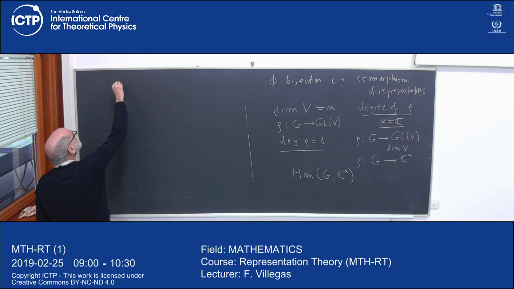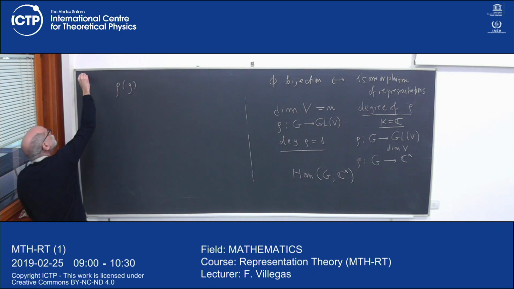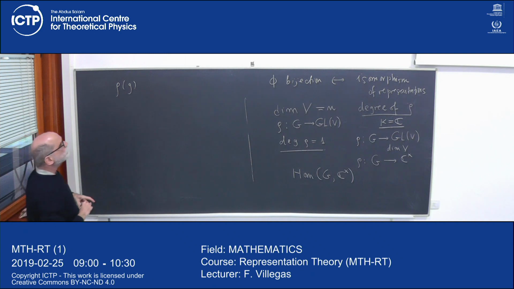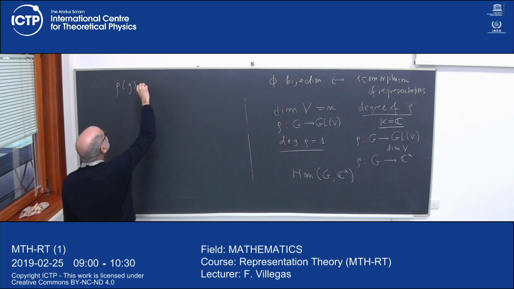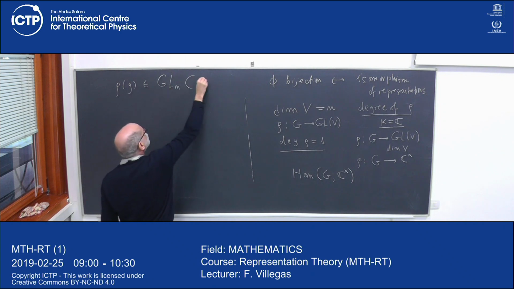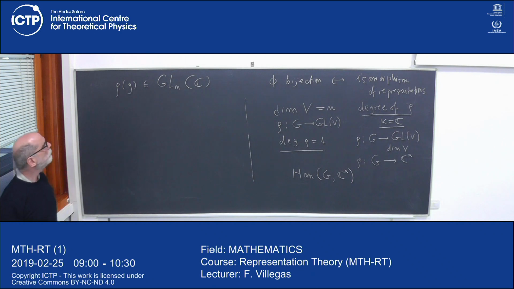So let's make the following point. From now on, as I said, G is finite, V is of finite dimension, the field is C. So this, if I choose a basis in my vector space, is some complex invertible matrix of size n by n. So what can I say about this matrix?